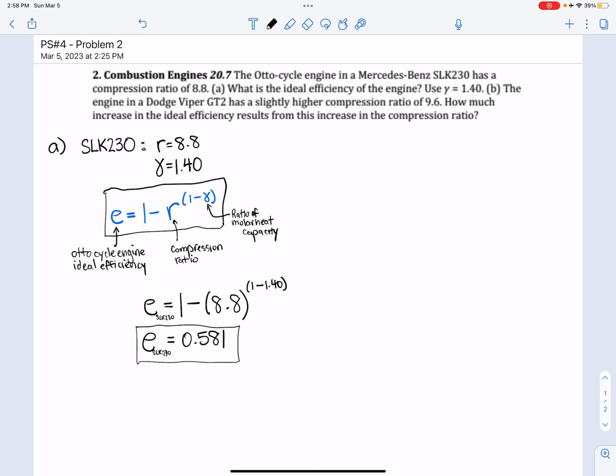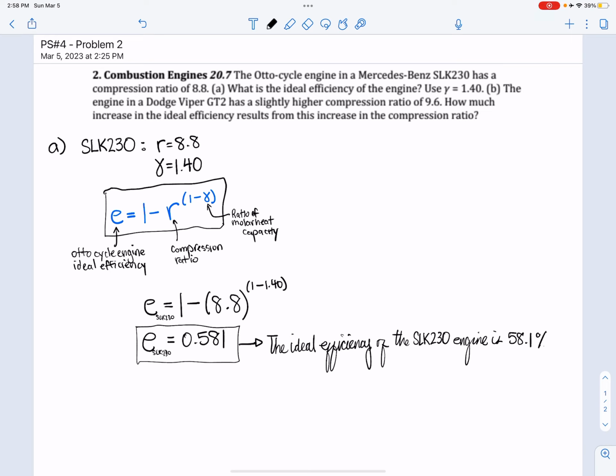The ideal efficiency of the SLK 230 engine is 58.1%. Okay, that's our answer for part A.